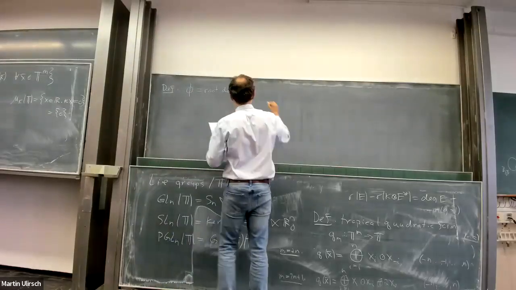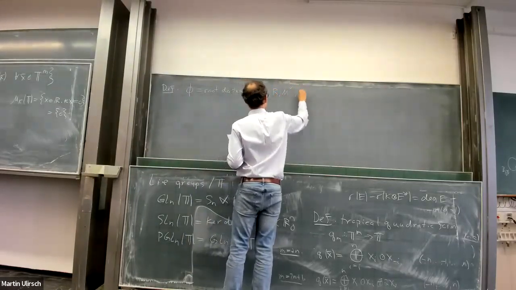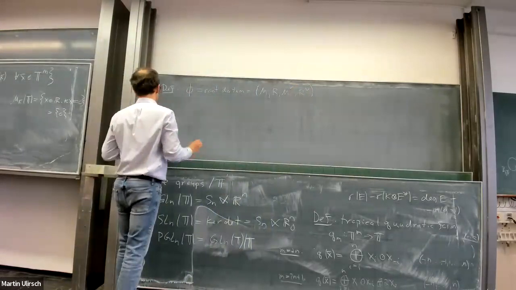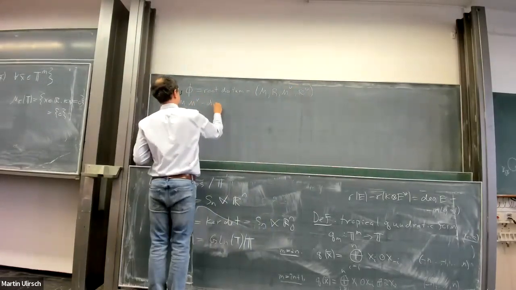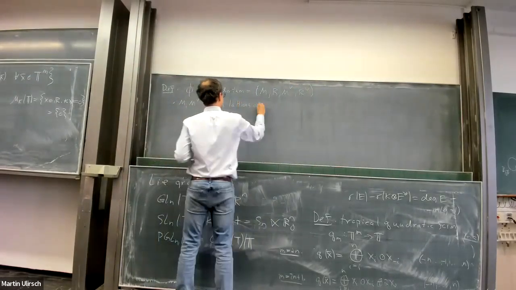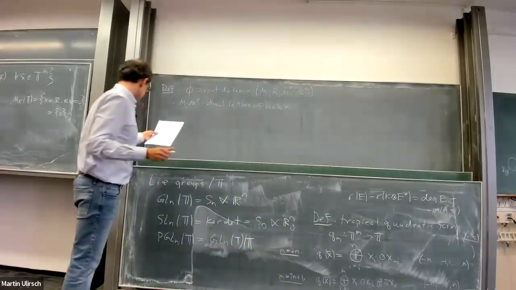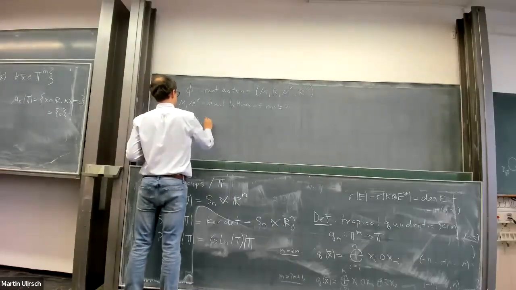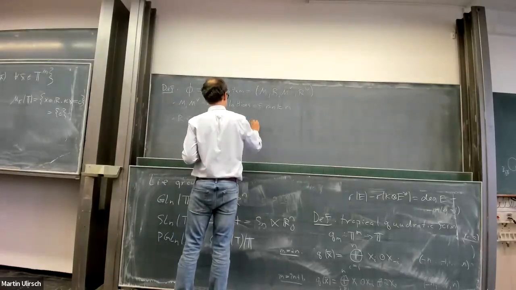So this is going to be (M, R, M hat, R hat), where M and M hat are dual lattices of the same rank, say rank n, and R and R hat are dual finite subsets.